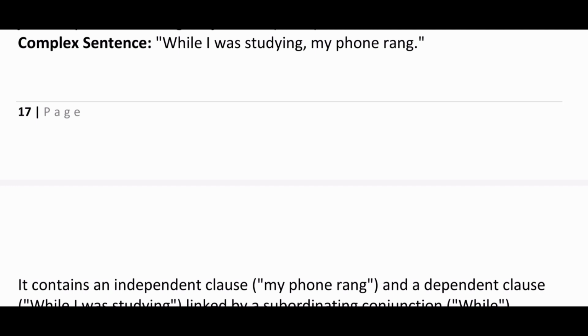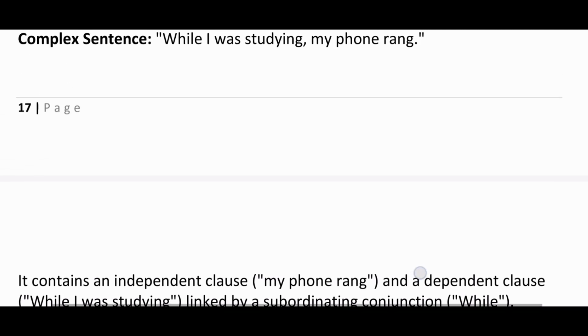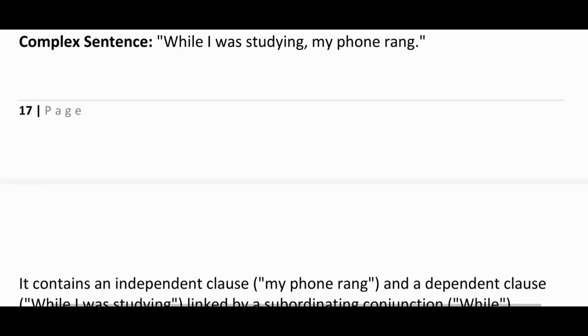Complex sentence. While I was studying, my phone rang. Now, here you can see there are two parts, right? While I was studying is an incomplete sentence. Without my phone rang, it is incomplete. But if I say my phone rang, it is still complete, right?